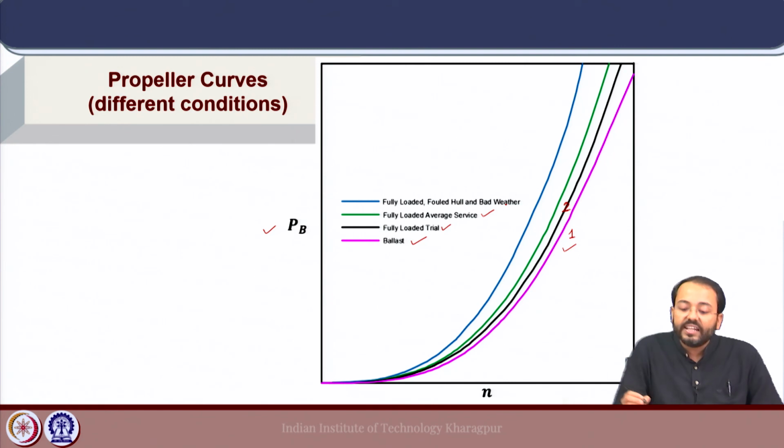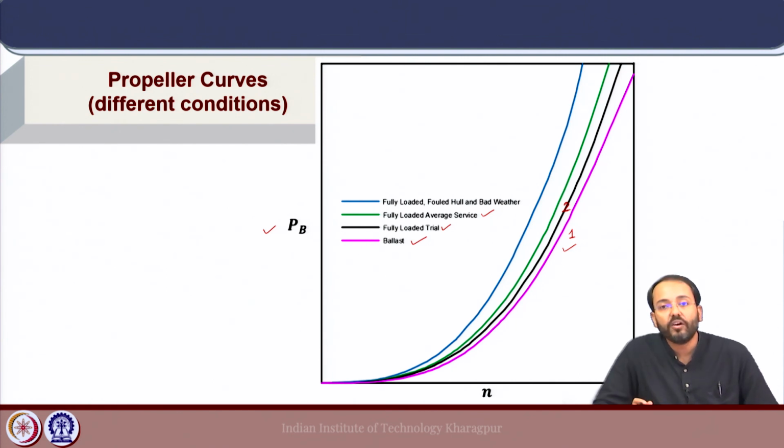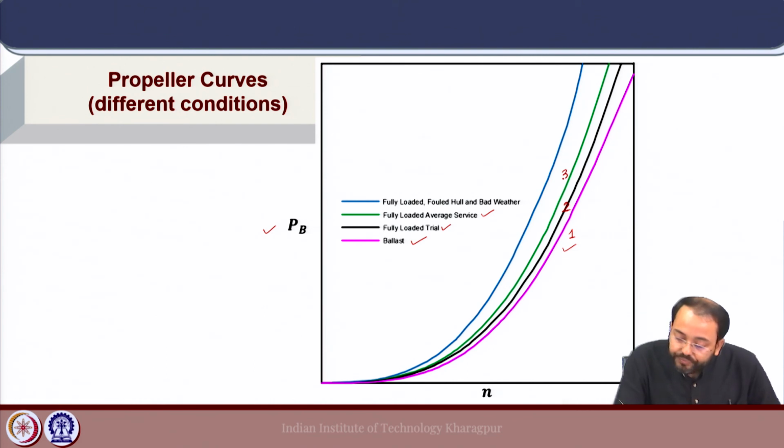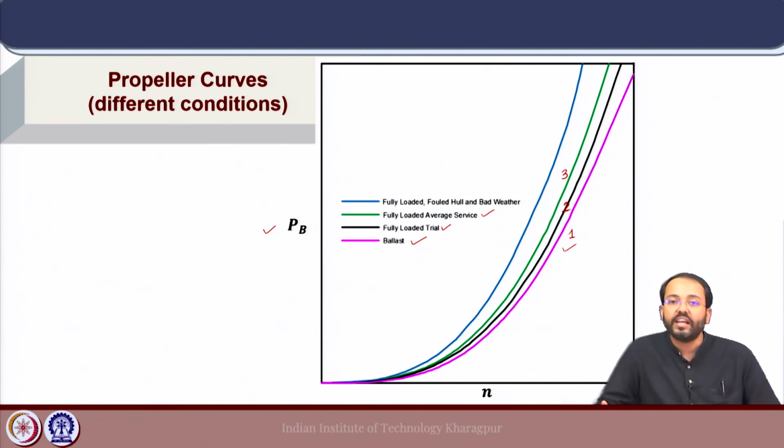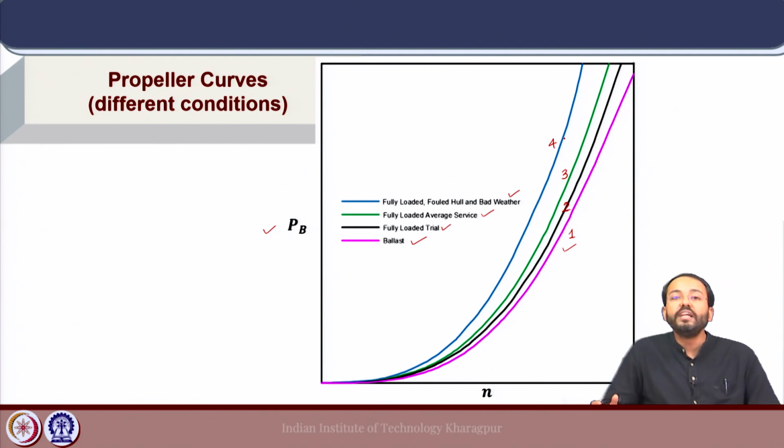The green line is the fully loaded average service condition, which is the power demand for the ship in average service depending on the service profile and the operational characteristics of the ship. The green line, the power requirement in this will definitely be higher than the trial condition. And the fourth case, the blue line, is the condition for fully loaded fouled hull and bad weather.